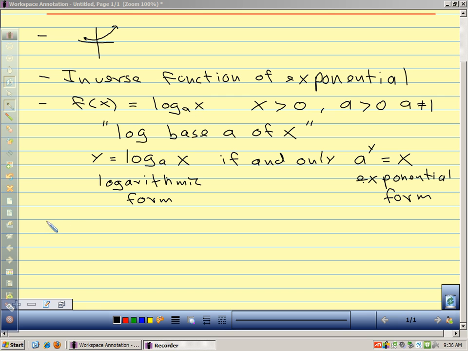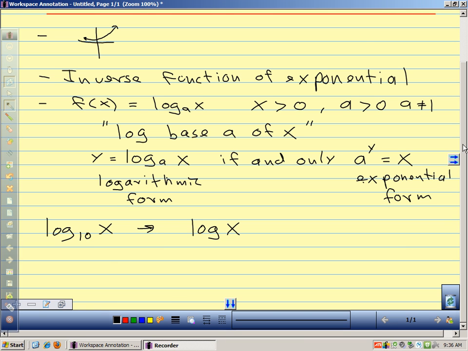So if we're working in base 10, we just write log of x. On your calculator, there's a button that says log. The log button on your calculator calculates the log base 10. And what this is telling us is what power of 10 gives us the number x.